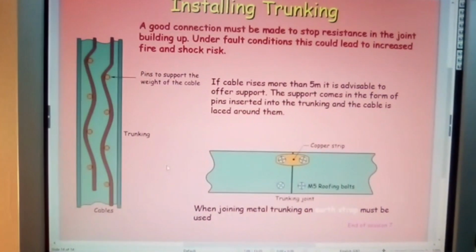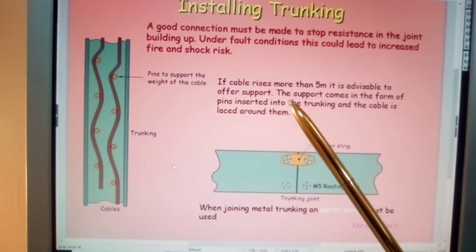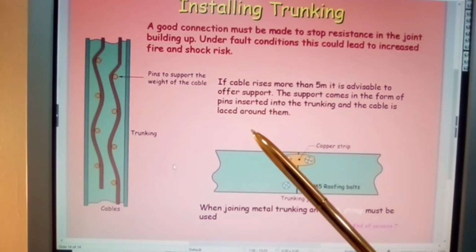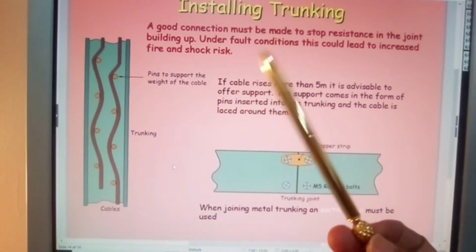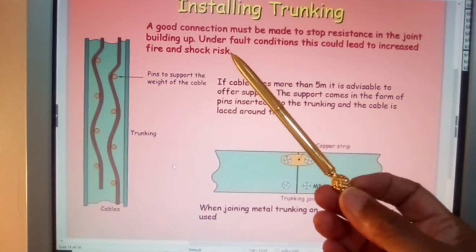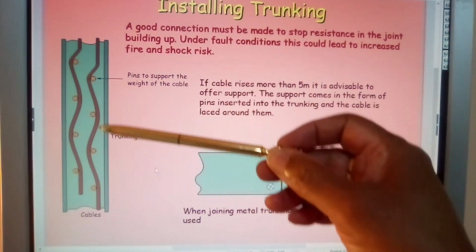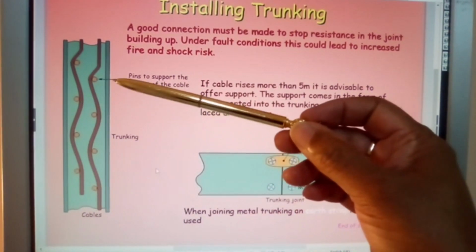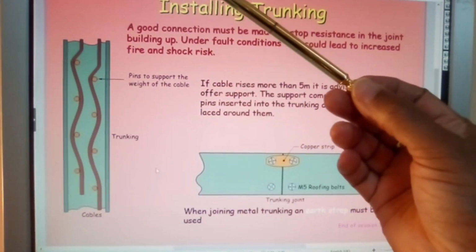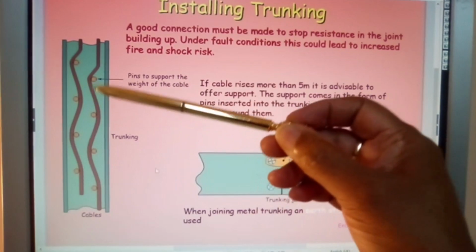Installing trunking. A good connection must be made to stop resistance in the joint building up. On the fault condition, this could lead to increased fire and shock risk. Now what they're talking about here is that when you couple or join your trunking together and you put on an extension, you need to run a separate earth within your trunking system.